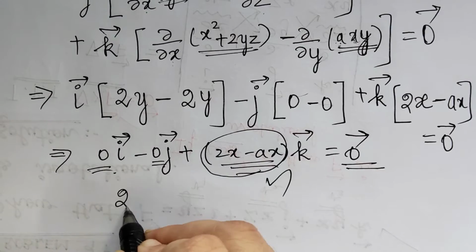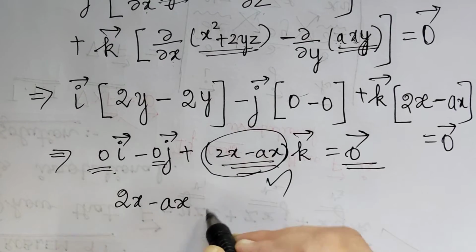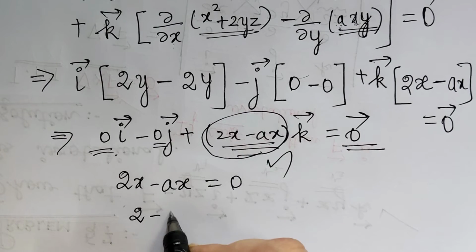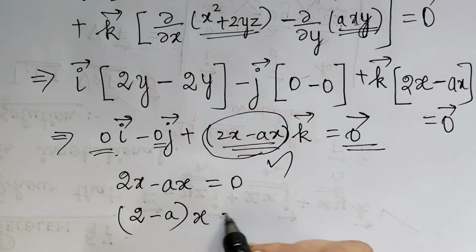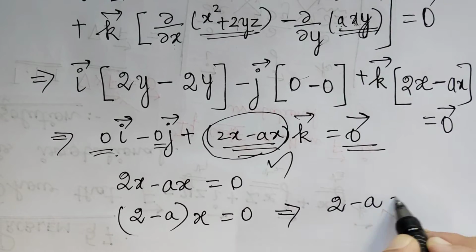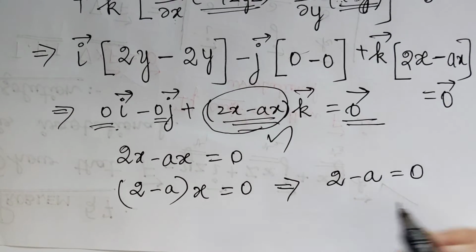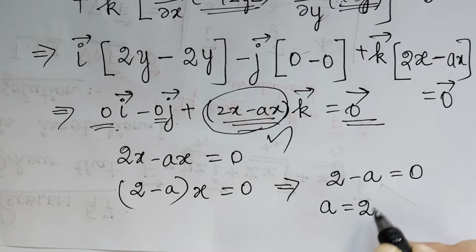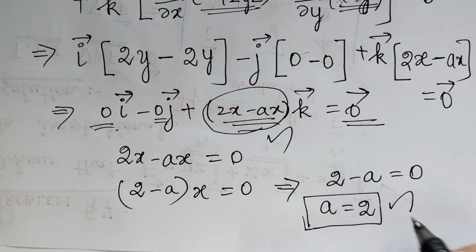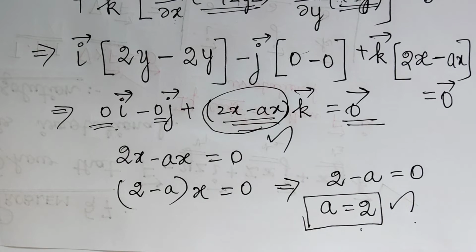Therefore we will be having 2x minus ax equal to 0. We can take x common here. So (2 minus a) multiplied with x is equal to 0. So from this we can write 2 minus a is equal to 0 and the value of a is equal to 2. So therefore we have evaluated the unknown a given in the problem, which is equal to 2.